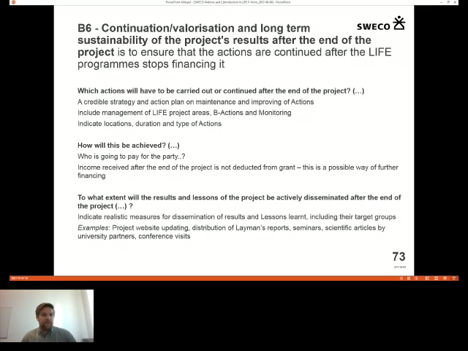So first of all, start with a short introduction, then make a list of every organization and person that you think might be interested in your project by the end of the project. And then explain relatively briefly what you want to do. For example, you want to continue updating the project websites for another 5 or 10 years after the project is finished, whatever is most realistic.